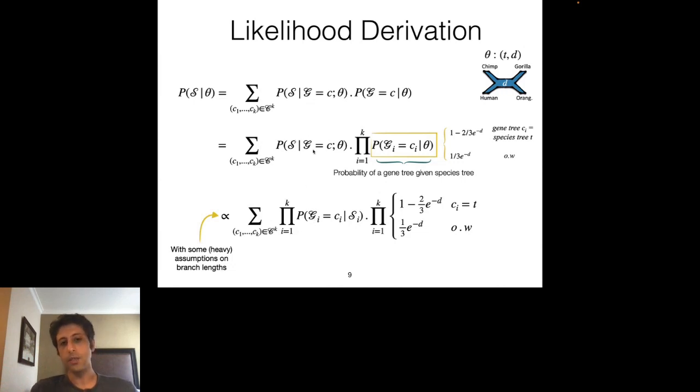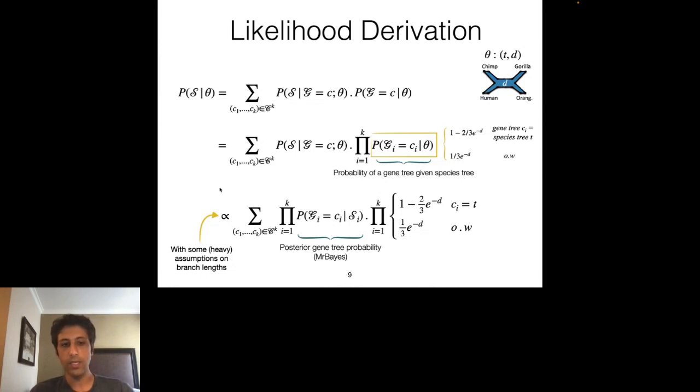Once you make that assumption, you can write this product also as a product over gene trees, right? So now our equation looks a little bit better. And in particular, this probability in the middle is just, you have one gene tree and you're trying to compute its posterior probability, right? And so this is much easier to work with.